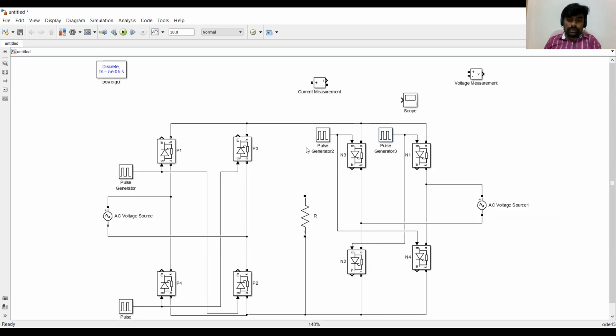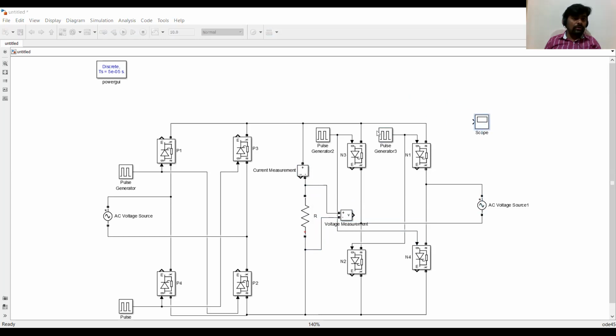Now to see the current, I will connect a current measurement block in series with the element that will give the current. And to see the voltage, I will connect a voltage measurement block in parallel to the load, right? And I will take the scope now. So the scope parameters I need to adjust.